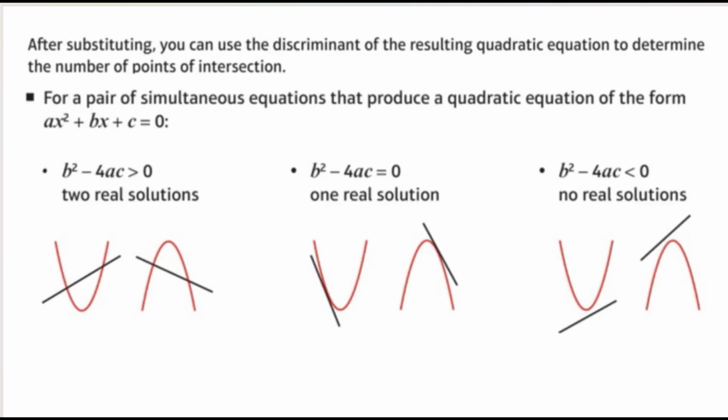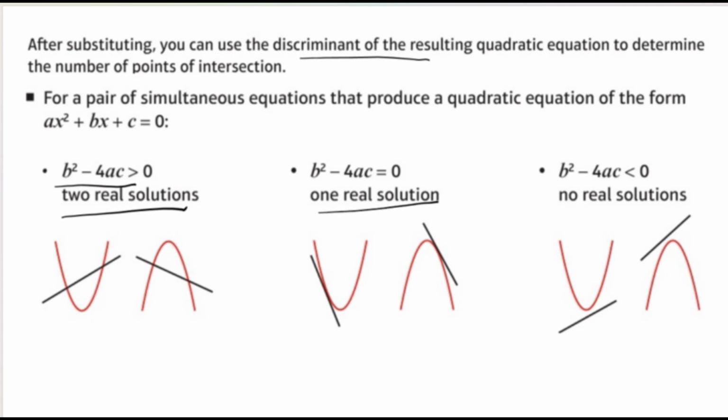But if you can find the discriminant before factorizing, that also will tell you how the graph looks. For example, if your b squared minus 4ac is greater than 0, then we know we have 2 real solutions. It means your line will intersect the quadratic graph at 2 points.